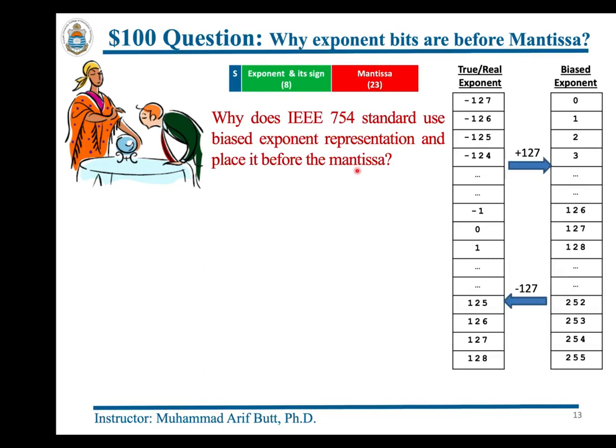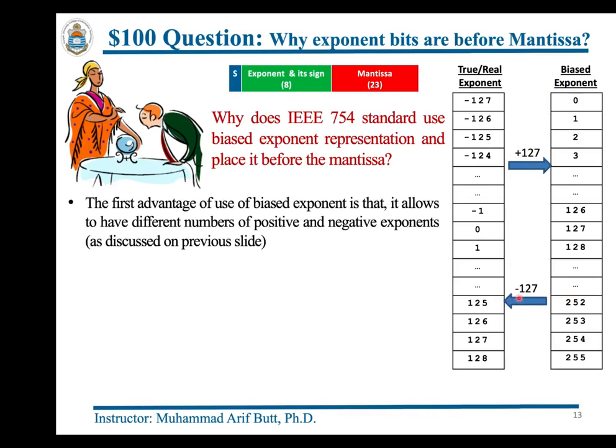Well, before I answer this question, please recall that in the case of a 32-bit IEEE 754 floating point number, if you want to move from the true exponent to the biased exponent, you add 127. And if you want to move from the biased exponent to the true exponent, you subtract 127. Okay. So the first advantage of using a biased exponent is that it allows different numbers of positive and negative exponents, and I have discussed this on the previous slide.